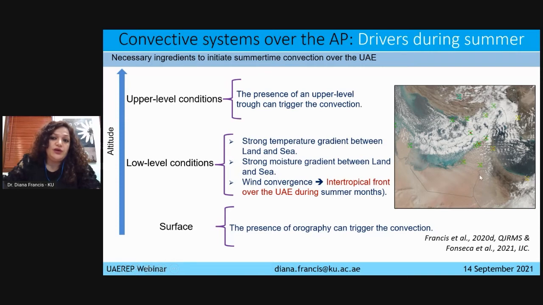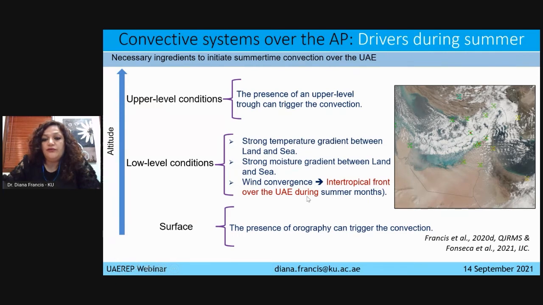That's why most of the convection over the UAE occurs near the Al-Hajar mountains here. And if we go above the surface, we have some conditions to be met at low level, especially a strong temperature gradient between land and sea. We need to have also a strong moisture gradient between land and sea. And the convergence is always important to trigger the convection. At upper level, if we have a trough, that also can trigger the convection during summertime.